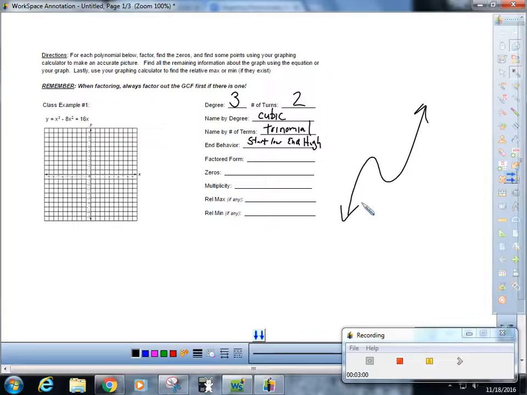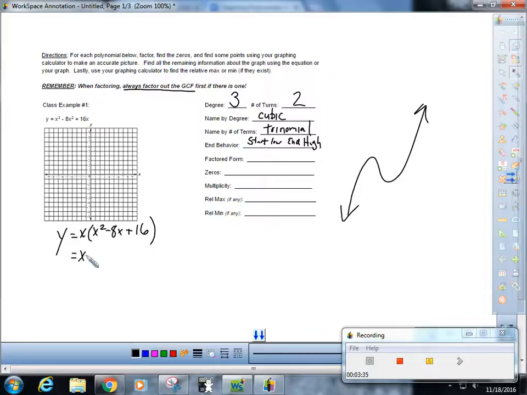Factored form. Okay, so now we're going to do some math. When it says always factor out the GCF first, that's when I do this. Okay, I factored out an X. Now, we're doing a riddle here, looking for 2 numbers that multiply to be positive 16 and add to be negative 8.